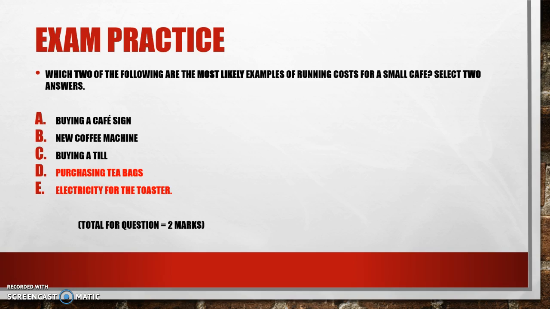So electricity for a toaster, you have to keep the toaster going if you want to keep your cafe going, and purchasing tea bags is something that you are going to be buying all the time, whereas a coffee machine is something that you will have bought before the business opened, and therefore most likely an example of a startup cost rather than a running cost. So just look out for questions like that in the exam.